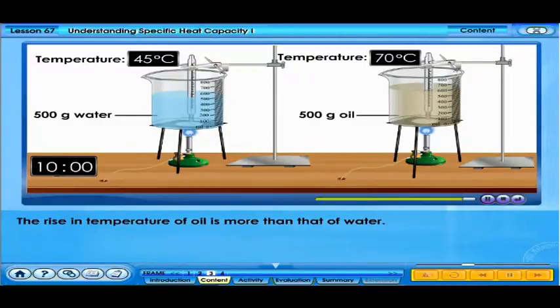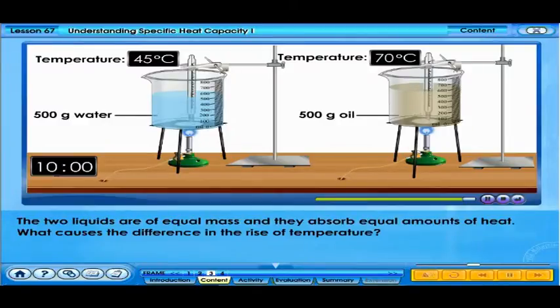The rise in temperature of oil is more than that of water. The two liquids are of equal mass and they absorb equal amounts of heat. What causes the difference in the rise of temperature?